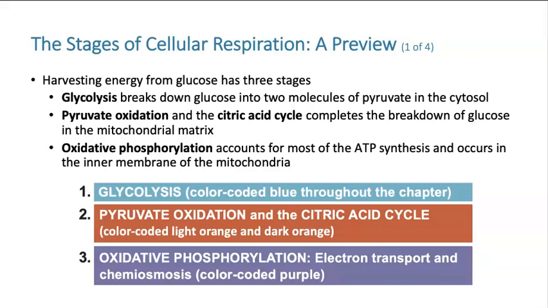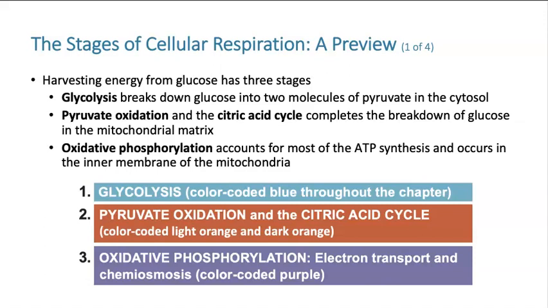So as an overview, there are three parts of cellular respiration. There's glycolysis, and this is where glucose or something else, but again, we're focusing on glucose, is broken down into two molecules called pyruvate. And all of this happens in the cytoplasm.